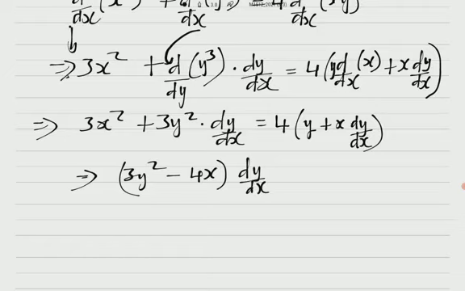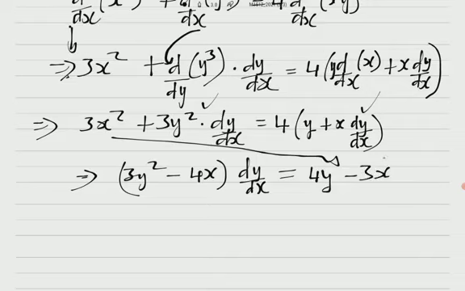So I've taken this part to the left, so I take everything else to the right. Now you have 4y, and then you bring this term also to the right, then you have minus 3x squared.